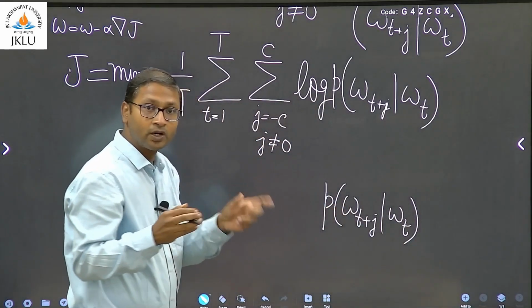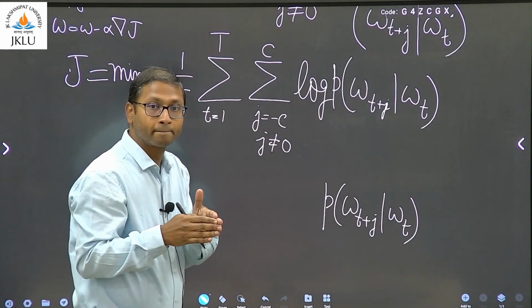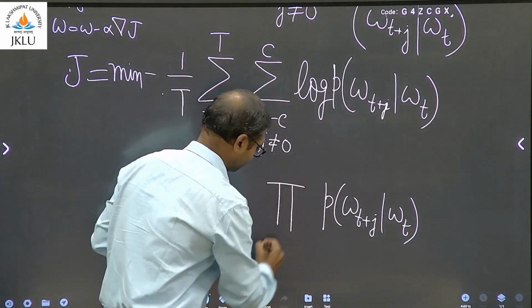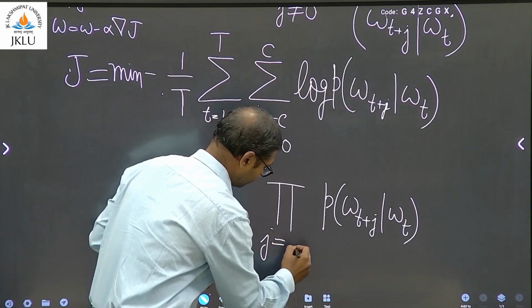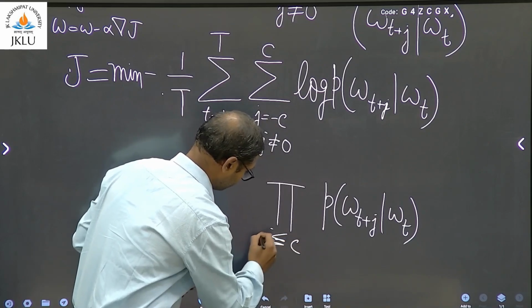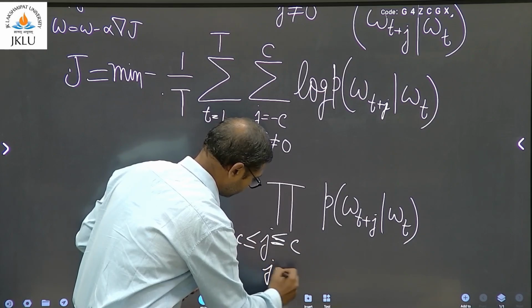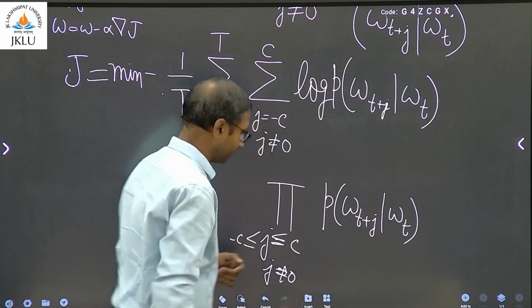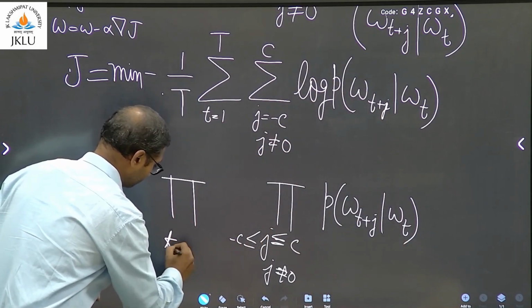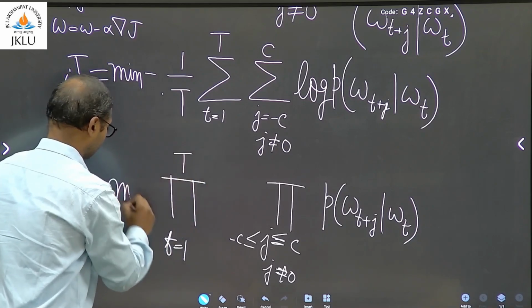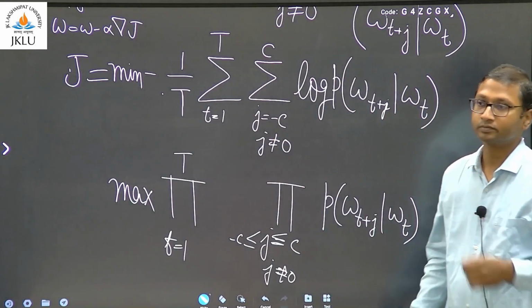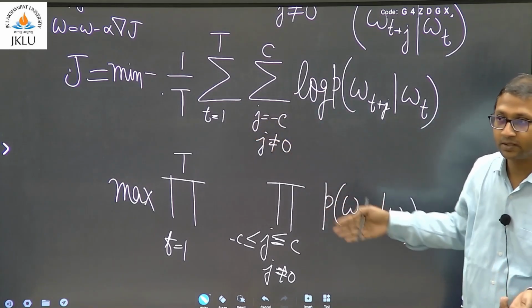You are trying to maximize what? Right. So probability of this, right, and this is what you are supposed to maximize. And if you take log of this, this is what you get.